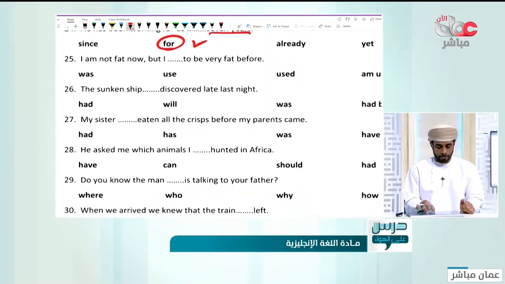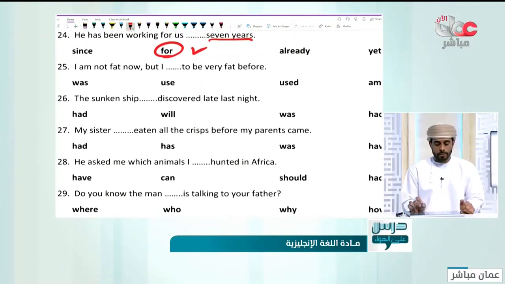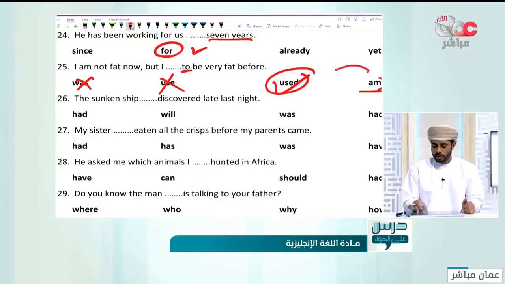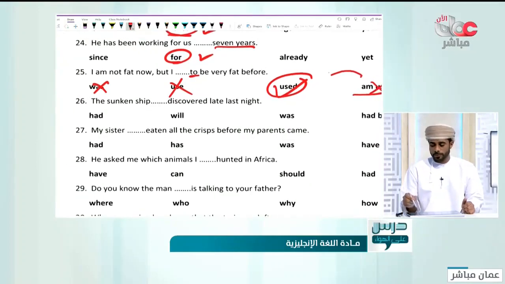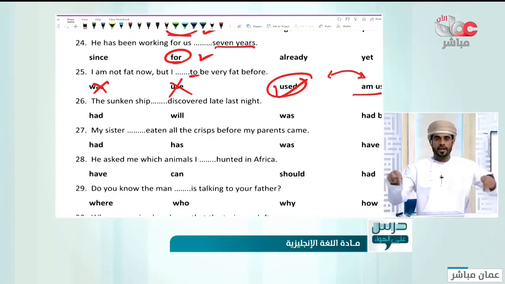Nice. I'm not fat, but I to be very fat before. This is the used to rule. So which one do you think? I was to? This one won't work. I used to? No. Used to? Yes. This is the correct answer. I am used? No. What's the difference between I am used to and I used to? If I said I am used to, it means that I'm still fat.